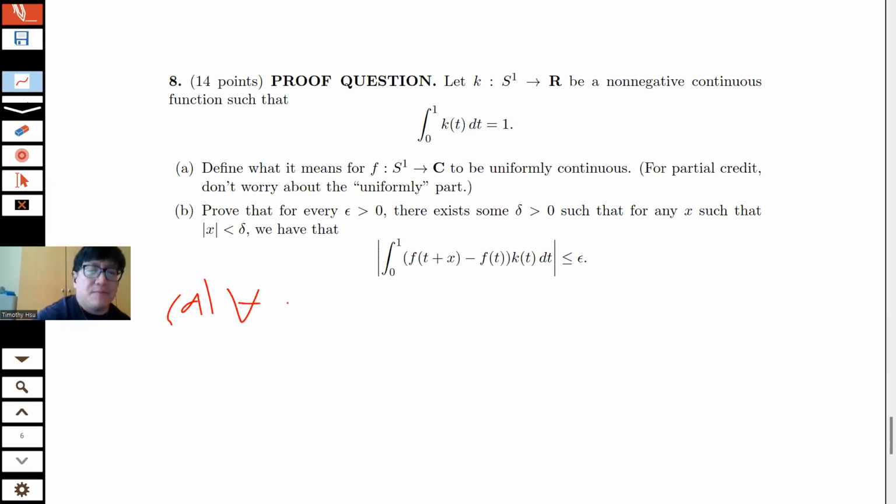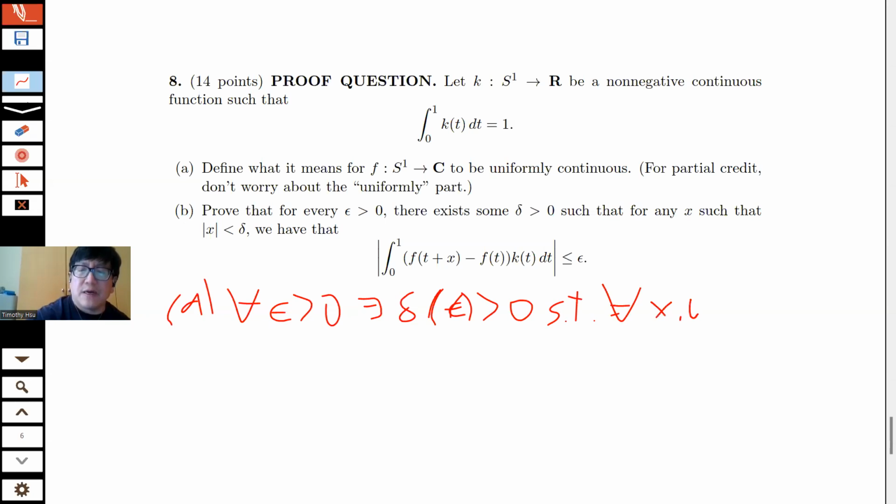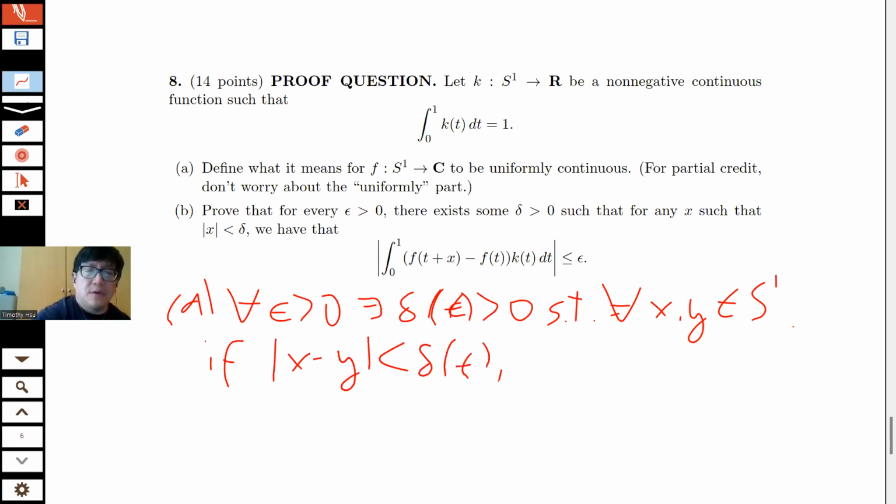It means that for every epsilon greater than 0, there exists some delta depending on epsilon, but only on epsilon, greater than 0, such that for all x and y in S1, if the distance between x and y is less than delta of epsilon, then the distance between f of x and f of y will be strictly less than epsilon.